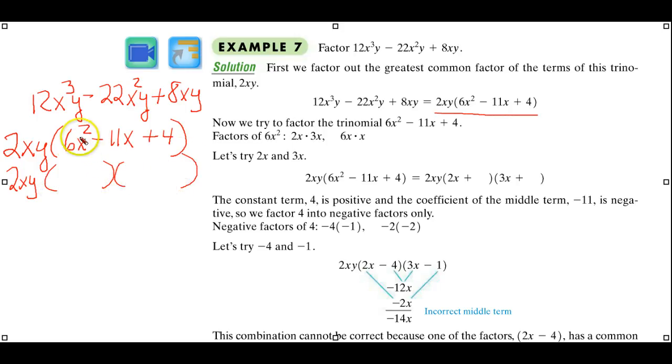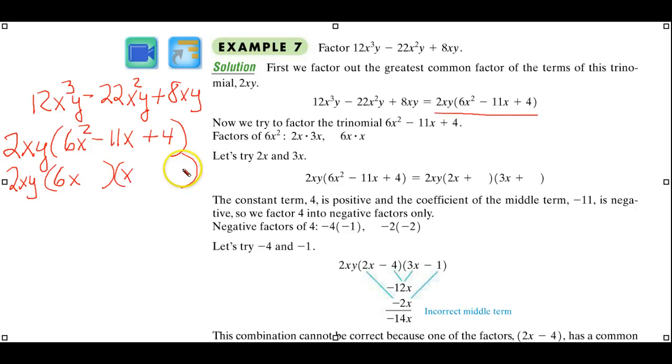Now, since we have a 6x squared there, 6 is not prime. I could have here a 6x and an x, and a 2 and a 2, and again I'm going to have to fiddle with this. So let's try the 6x and the x.